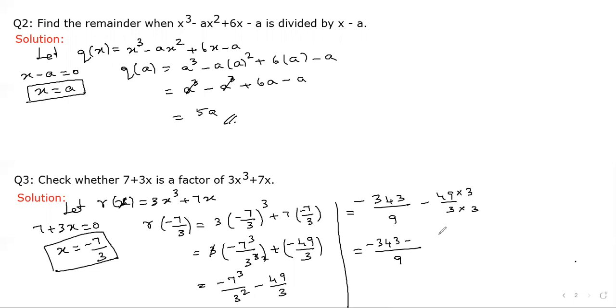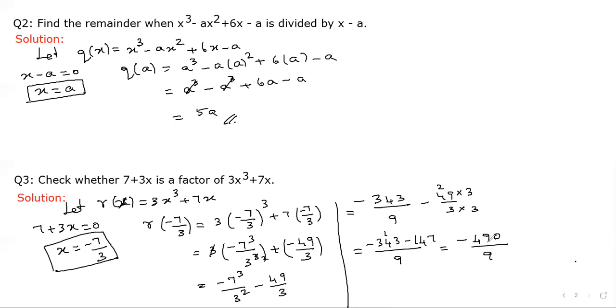Also this 49 should be multiplied by 3. So 3 times 49 is 147. You have to just add everything because there are two negative symbols. So the answer will be 343 plus 147, which is 490 by 9.